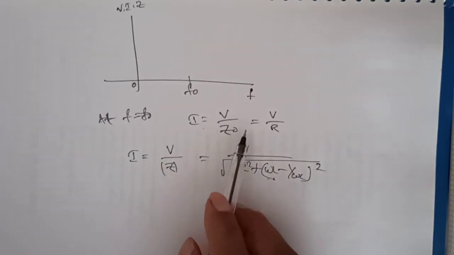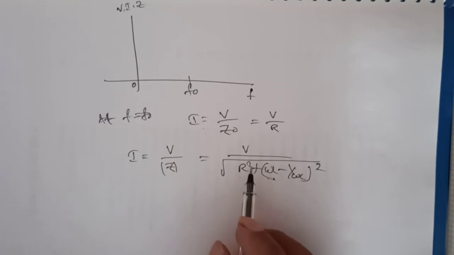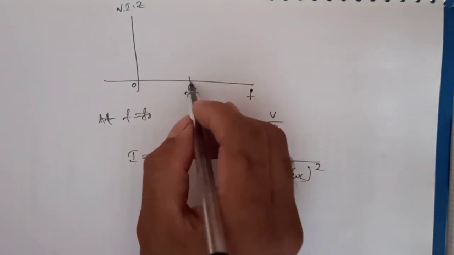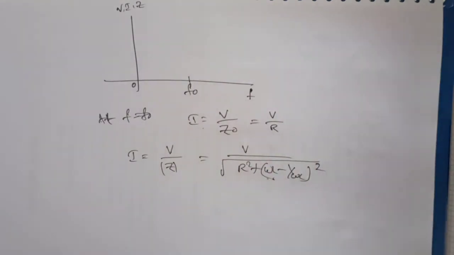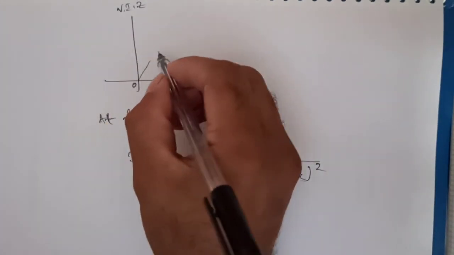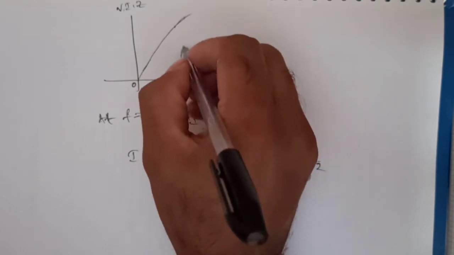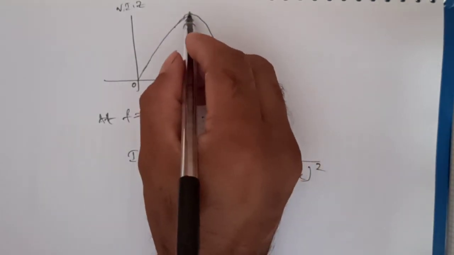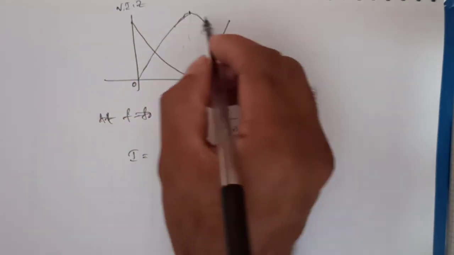That's why I equals V by R, or we can say Z is simply R. So at this frequency reactance is very low, and you get the maximum current where the impedance is very low.